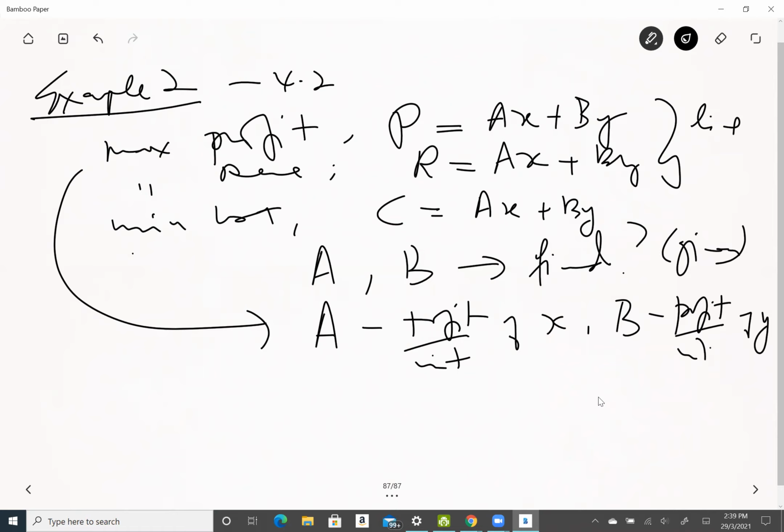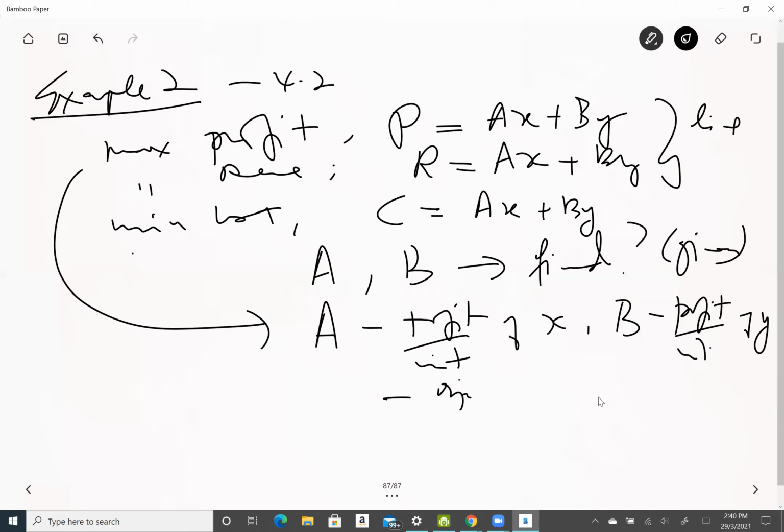If it is cost, then A is the average cost per unit of X, and B is the cost per unit of Y. So A and B normally are not the objective function.